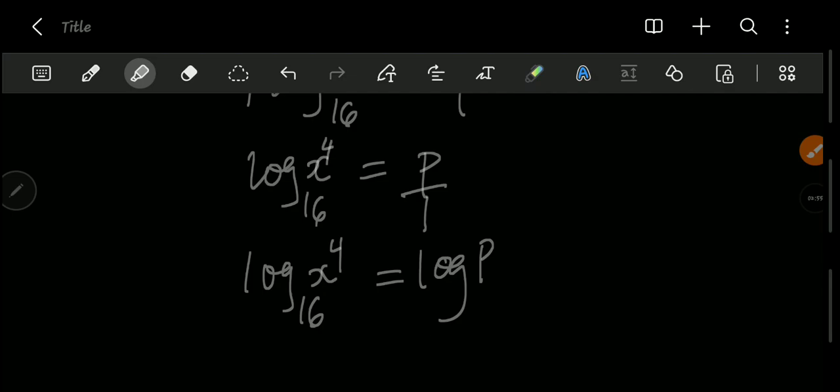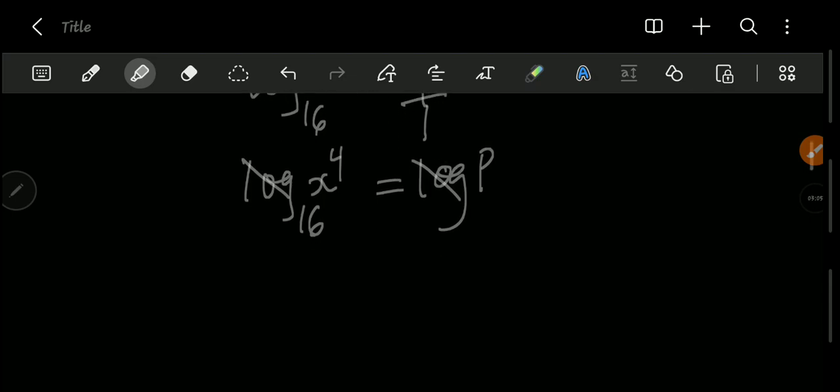Let's make it like that so it's not going to confuse us. Since we have log on both sides, we can trash them out. Now I see that they are gone. What do we have left? We have 16x raised to 4 is equal to p.